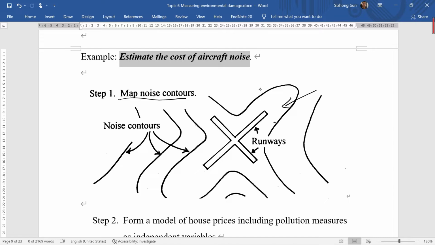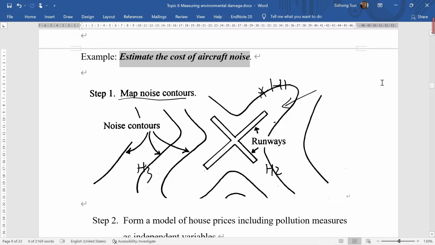For example, maybe we have a house here, house 1, house 2, and house 3. Then house 1 and house 2 are subject to the same level of noise, which is higher than house 3. And we can collect data on house prices of them and house characteristics.